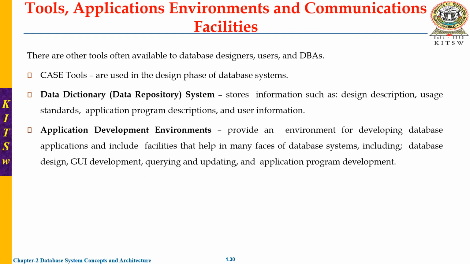Application development environments provide an environment for developing database applications and include facilities that help in many phases of database system development, including database design, GUI development, querying and updating, and application program development.